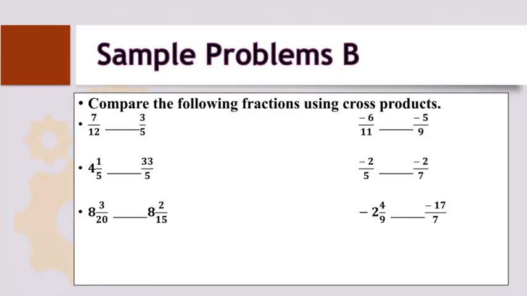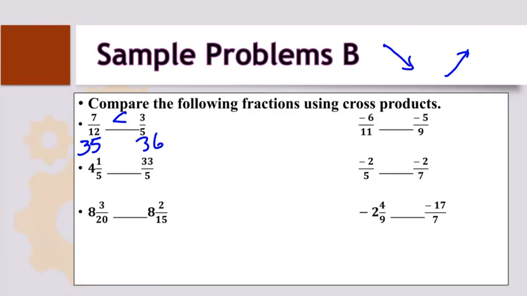Next, here we want to compare the fractions using cross products. So when you're using cross products, go down first and then go up second. So up diagonal. So if I go 5 times 7 is 35. Going up the other direction is 36. Well, 36 is bigger, so it would be 7/12 is less than 3/5.